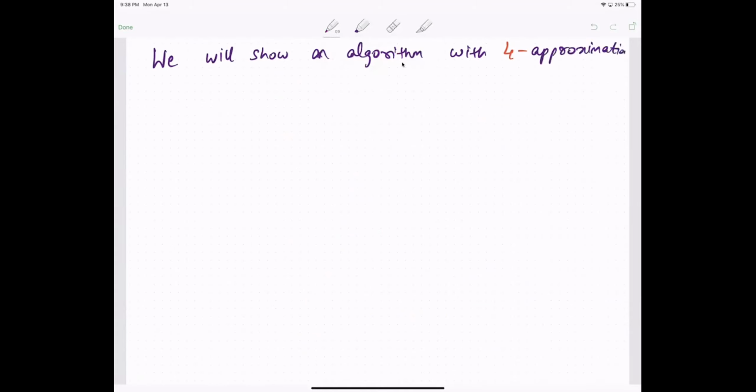So this is what we'll achieve today. Okay, so let's get started. Let's start by setting up some notation.